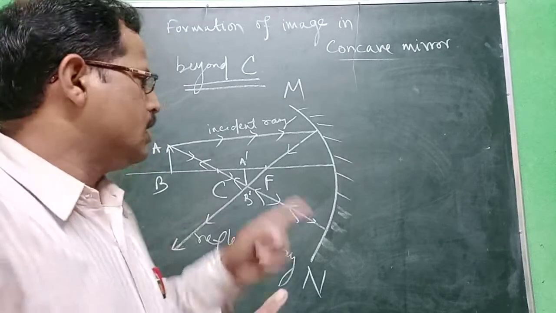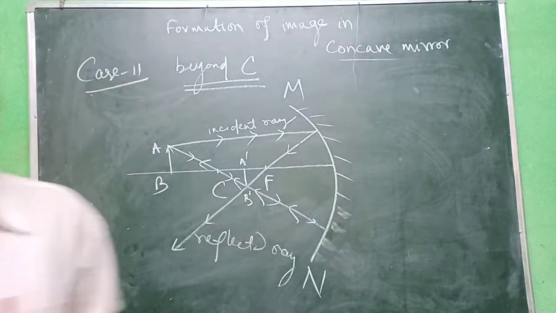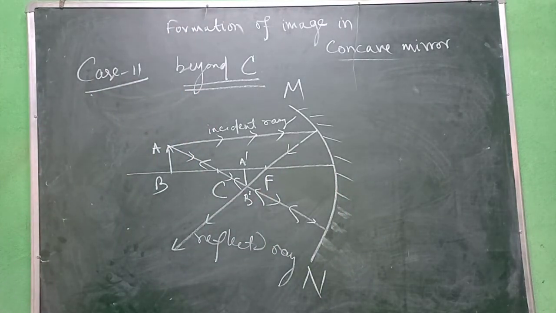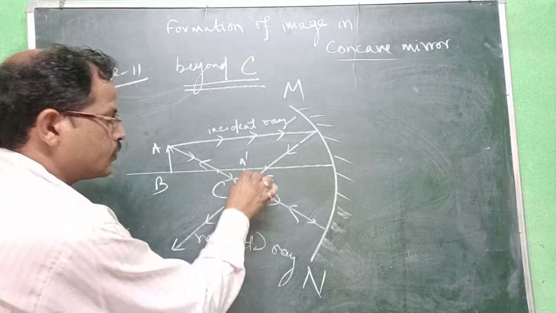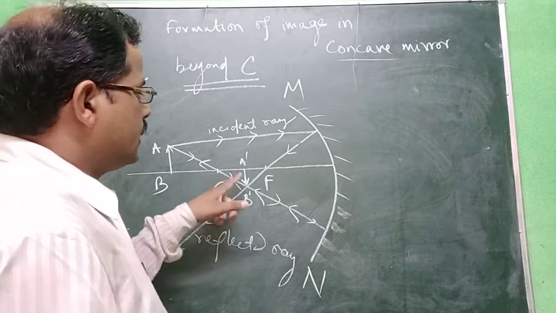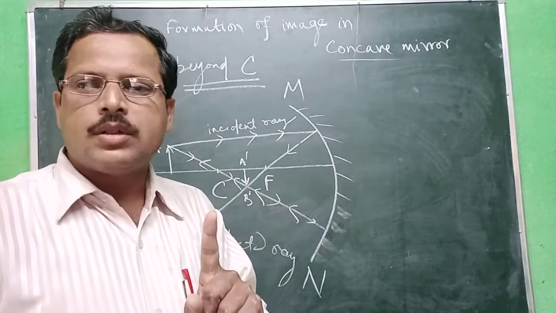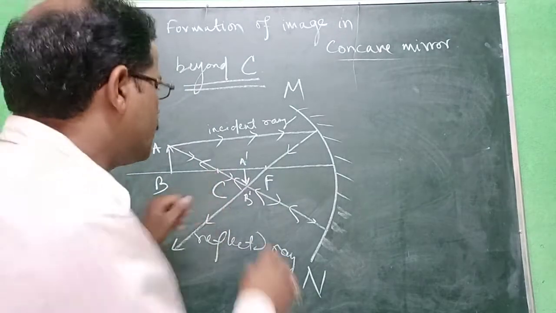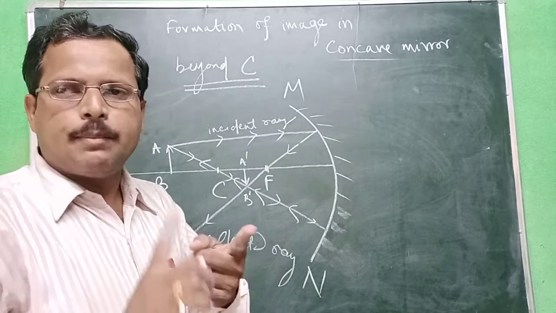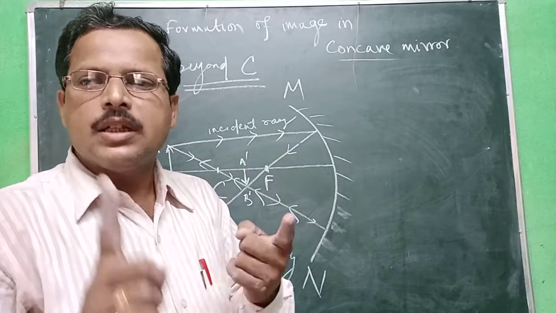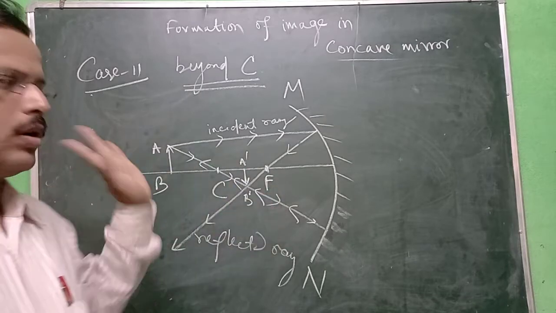The object is placed beyond the center of curvature. Look here, the image produced is in between the center of curvature and the principal focus.